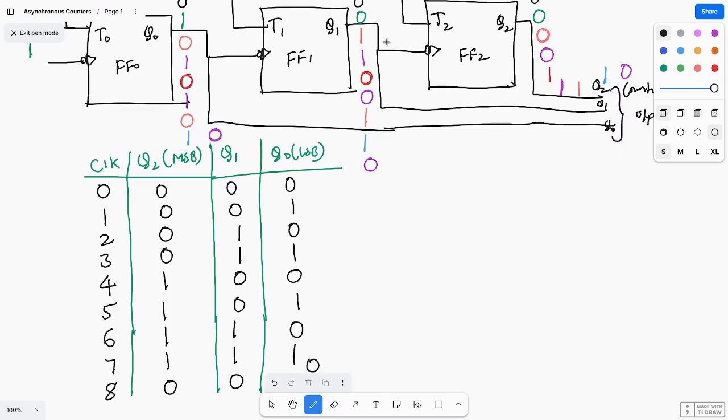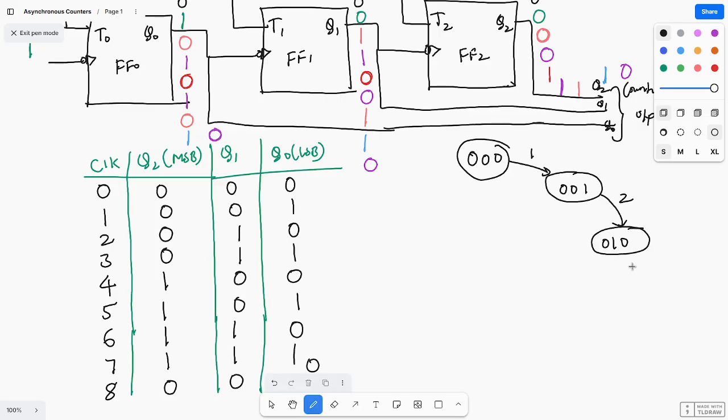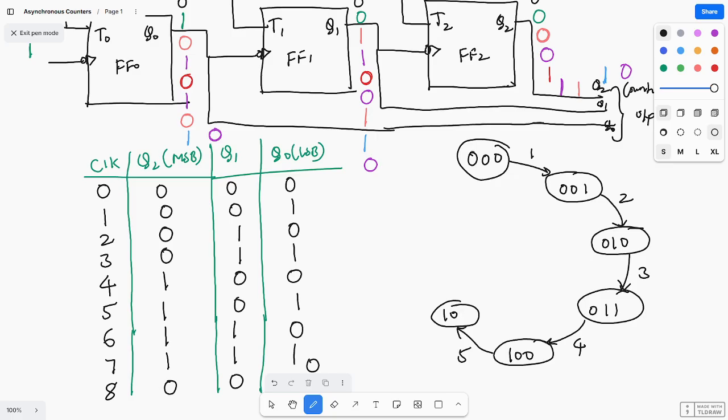If you draw the state diagram, what is the initial state? 000, this is the initial state. Applying the first clock, it goes to the next state 001. The second clock goes to 010. The third clock goes to 011. The fourth clock goes to 100. The fifth clock goes to 101.